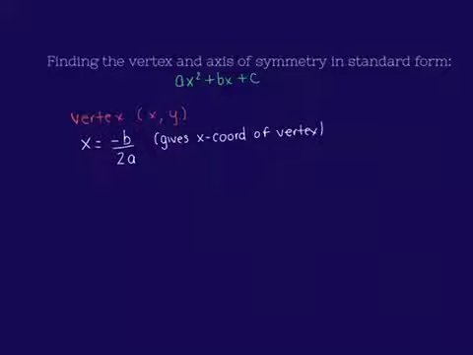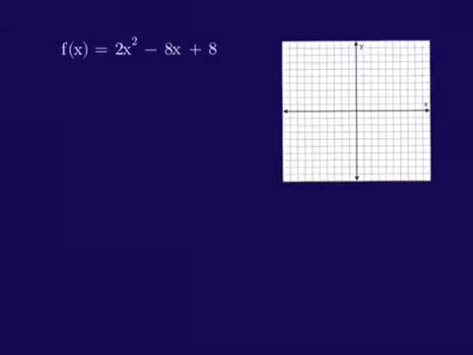So once we know x, to find the y coordinate, we plug x into the equation. And so that's this x that we found right here. So once we plug in x, it will give us the y coordinate of the equation. Okay, so here's an equation in standard form.